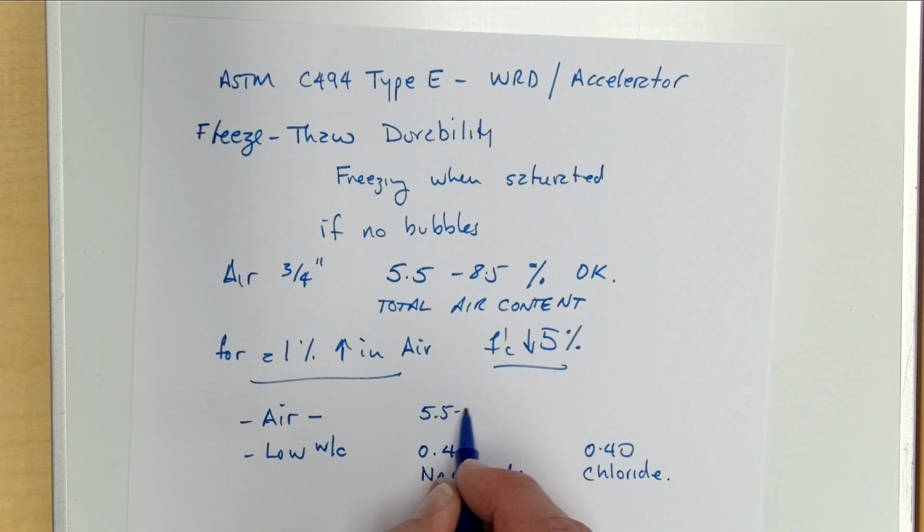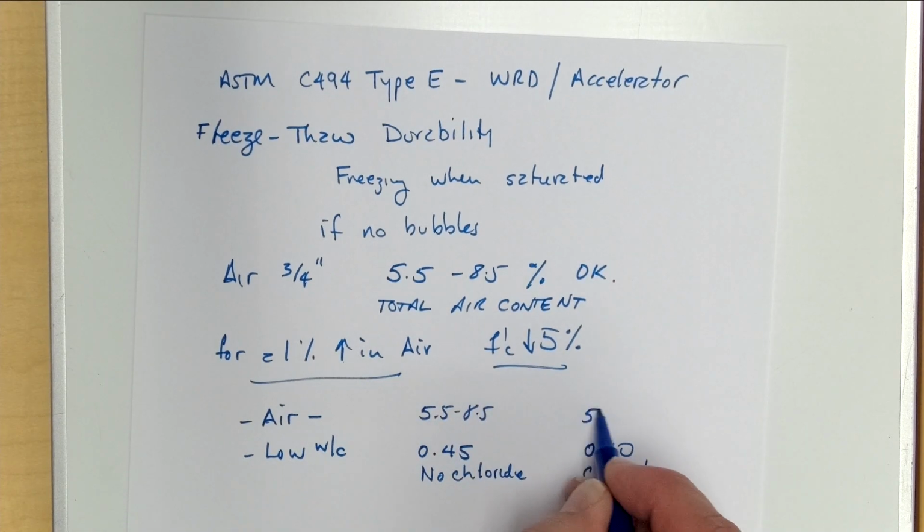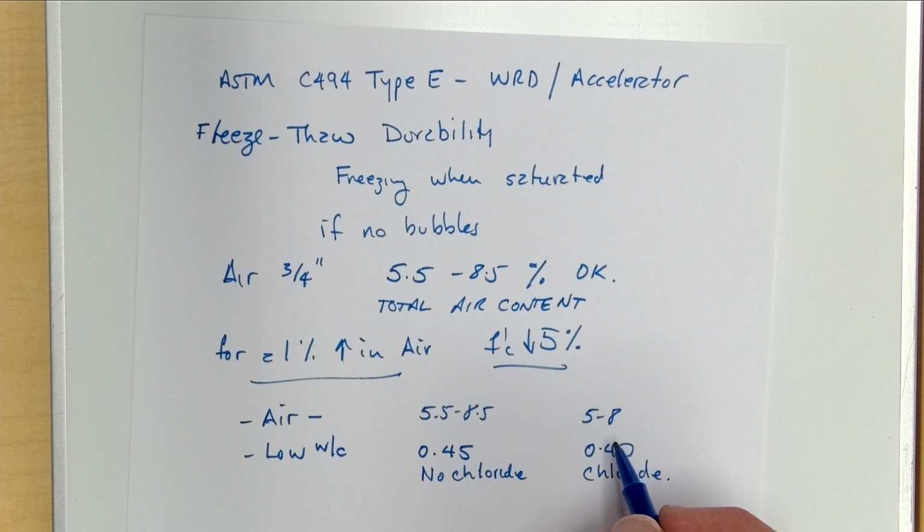Air 5.5 to 8.5, 5 to 8, 6 to 8. Everybody, MnDOT, WSDOT, the building code, city of Minneapolis, everybody has their own numbers. And that it's allowed to dry because it has to be cured, right?